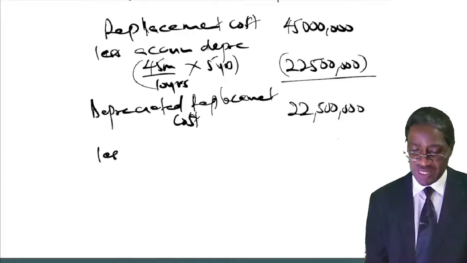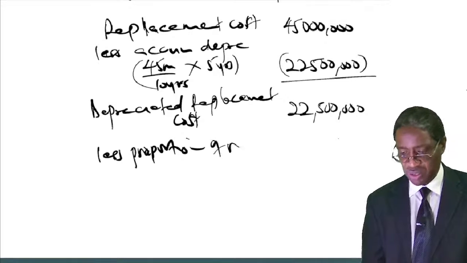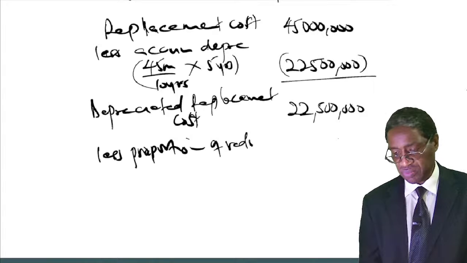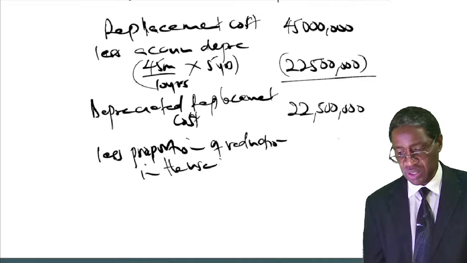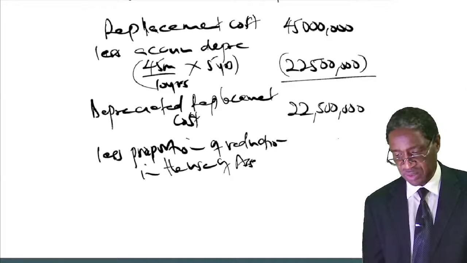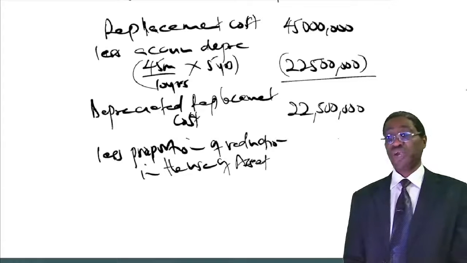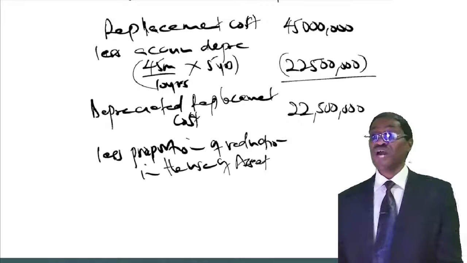I said you less the proportion of reduction in the use of the asset. We are told it lost 25% of its production capacity.